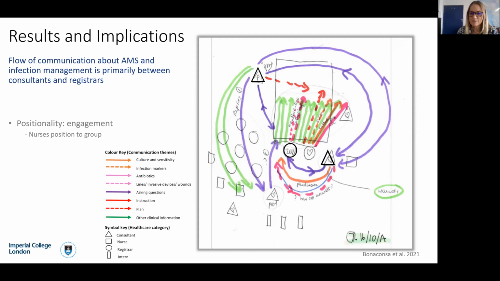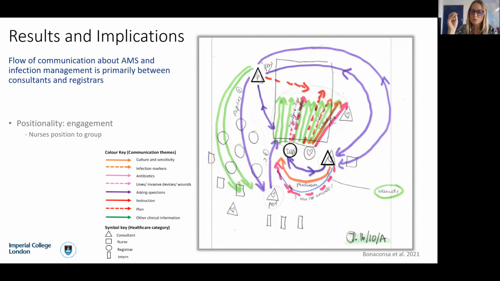It's probably a little bit difficult to see, but there's a broad band of many arrows in the middle of the bed, and that's the registrar doing the initial update. And then from there, lots of communication is happening, especially between the consultants and the registrar. If we look at the symbols, the consultants are triangles and all the registrars are circles.